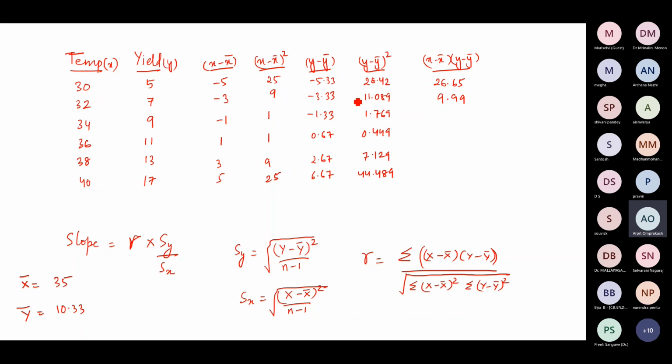Then minus 1 into minus 1.33, which is 1.33. Then 1 into 0.67, which is 0.67. 3 into 2.67, which is 8.01. And 5 into 6.67, which is 33.35. Okay. You understand how we got all these values?